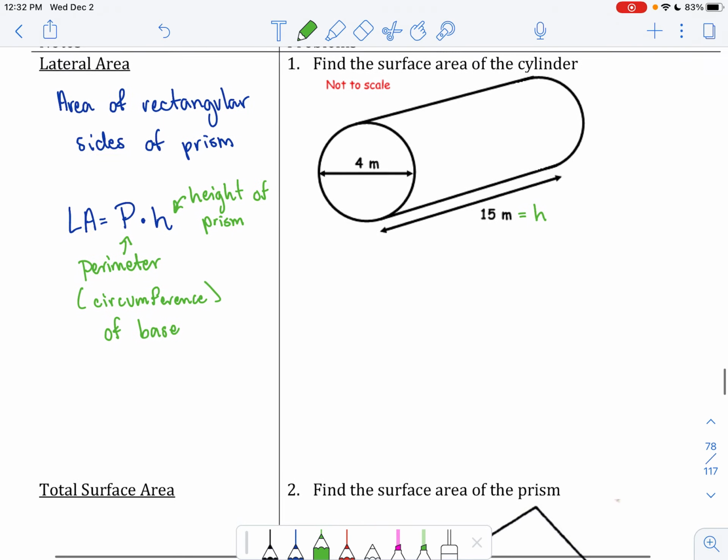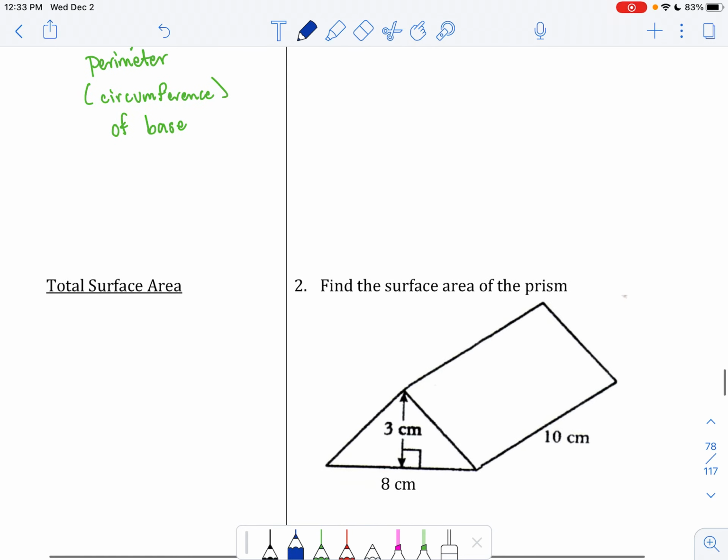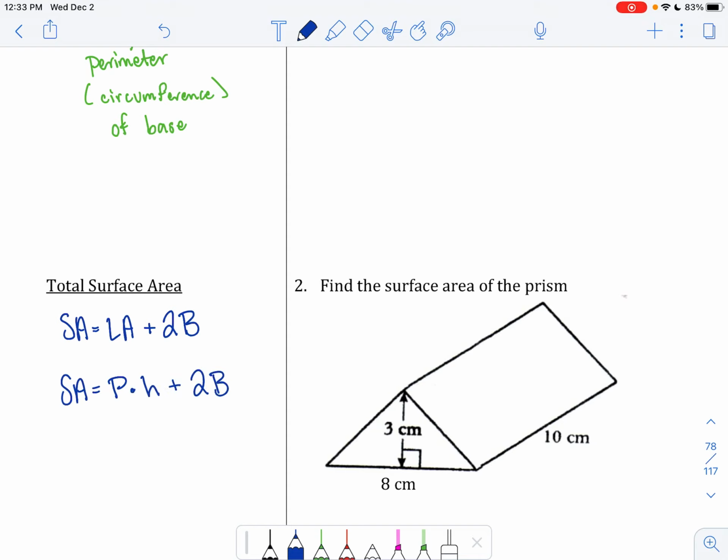Now, lateral area is not the entire total surface area. The total surface area is going to be that lateral area plus the area of the two bases. So if I was going to write it out as a total equation, I would say perimeter times height plus 2B.